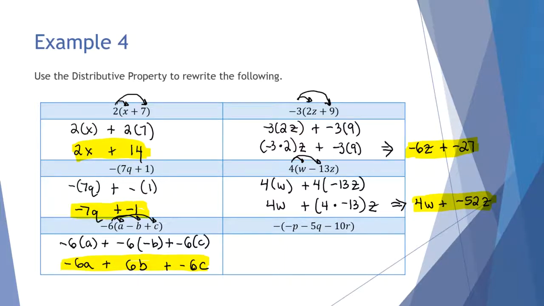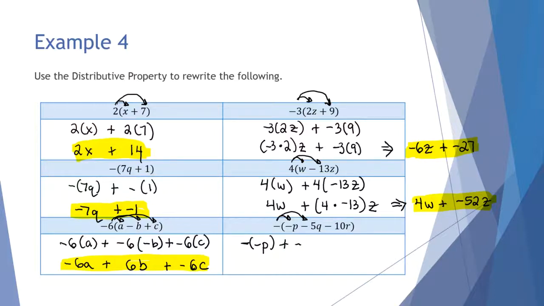Now, the last one here. I have a negative in front, and then I'm multiplying that by a negative p minus 5q minus 10r. So I'm distributing. I have a negative, and then my negative p. And then I need to multiply, so first I need to have a plus sign in between each of these.